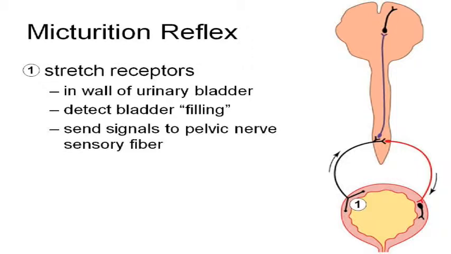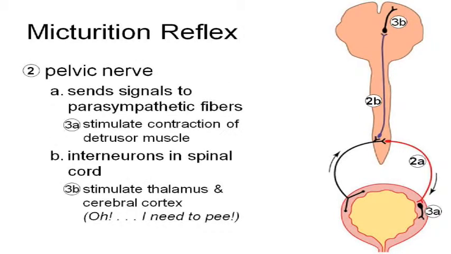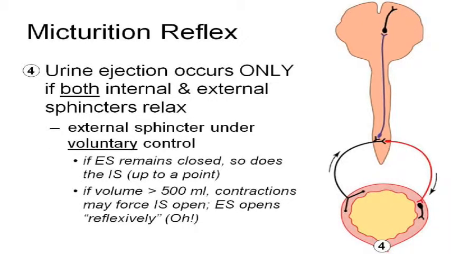The micturition reflex. As the bladder begins to fill with urine, stretch receptors detect that pressure that builds up, and that sends a signal two places. You have a short reflex that sends a signal right back to the detrusor muscle itself to contract, and then you have a longer reflex that goes up and lets your cerebral cortex know you're about to pee on yourself. Just like with the anal sphincter, you have to, of course, learn to control the external urethral sphincter.